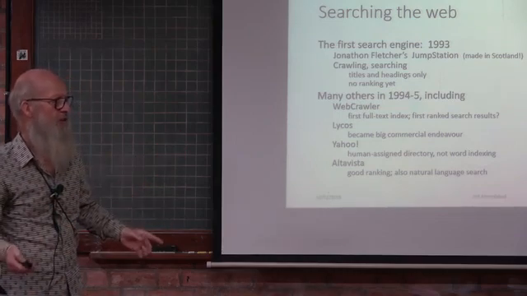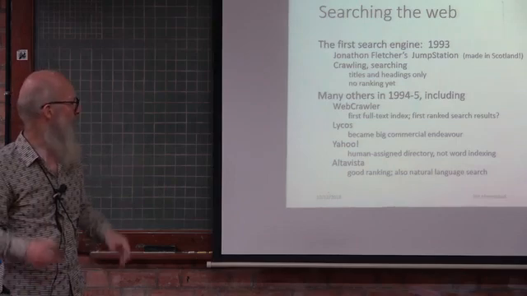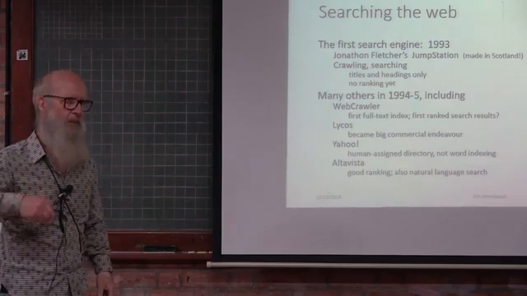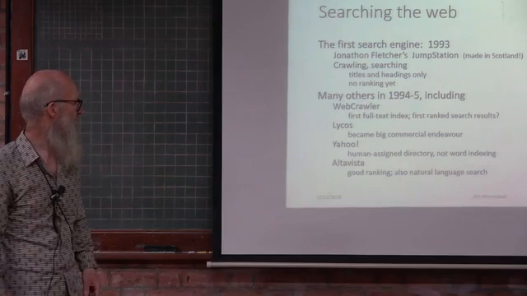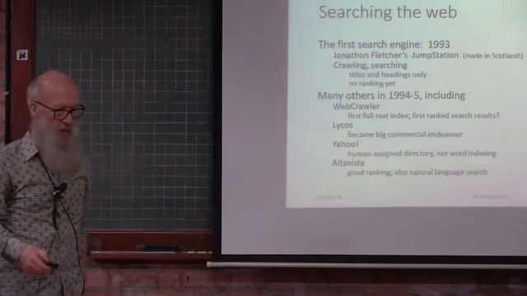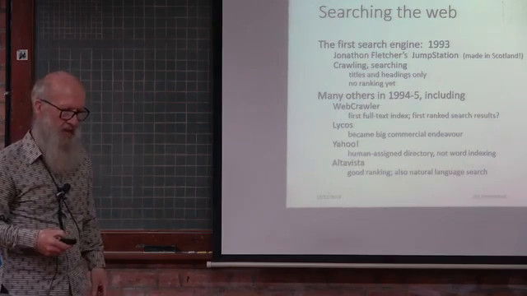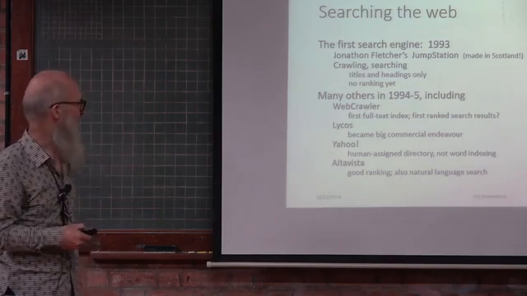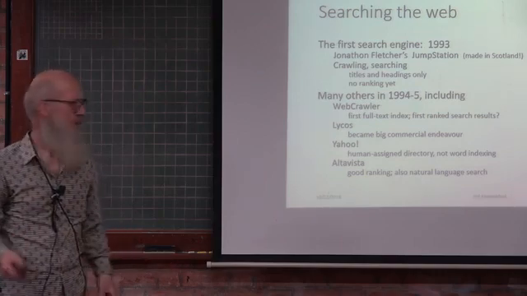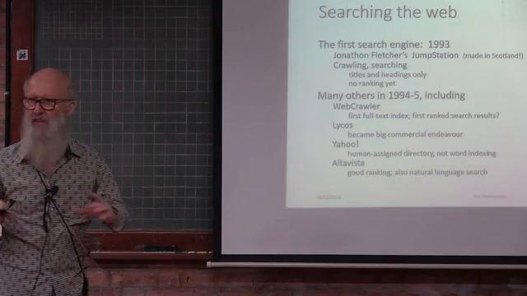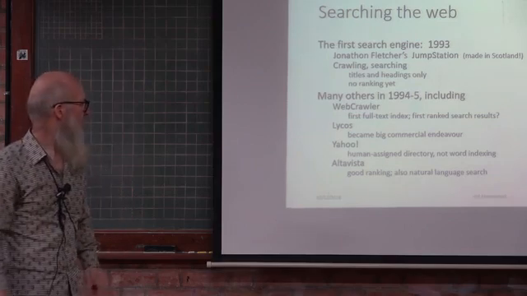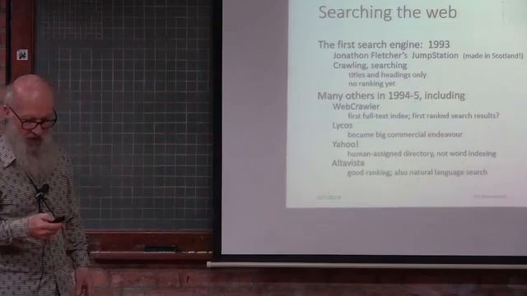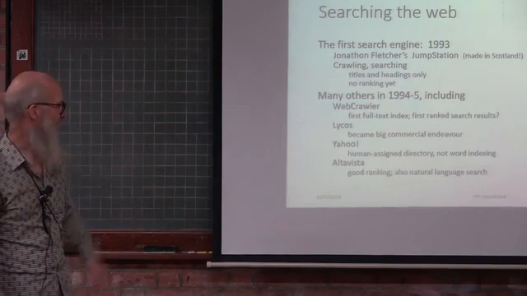I don't remember much about it technically, but it became a big commercial endeavor, but not in web search, in other things. There was Yahoo, which you might think of as retrograde in the sense that it took a librarian approach. It actually tried to human index pages. It didn't use free text words at the time.